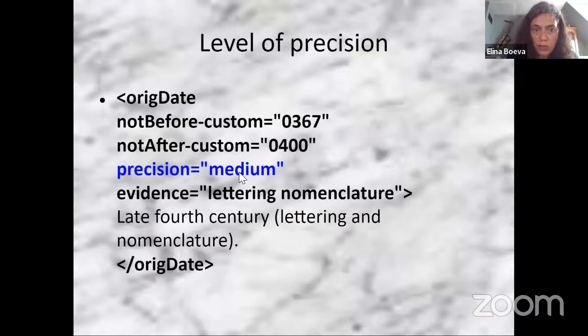Again, about the precision, here we have the medium precision. I would suggest to use just the low precision. Another thing for dating is the evidence. Obligatory wasn't correct for me to say.